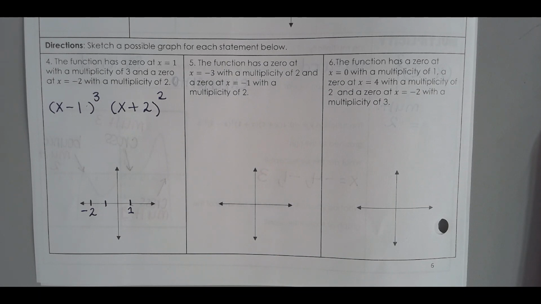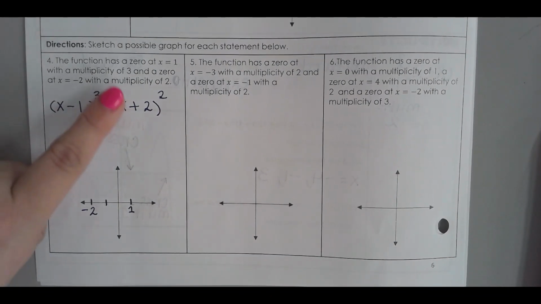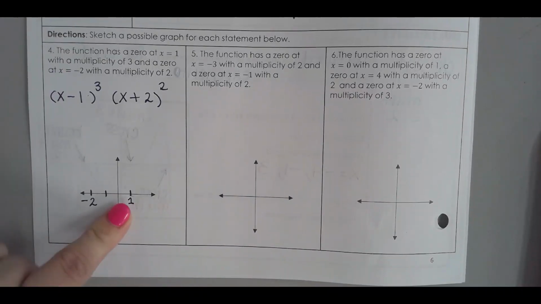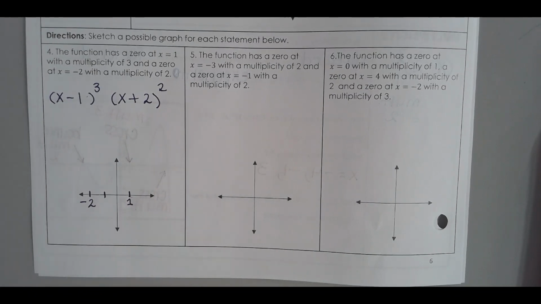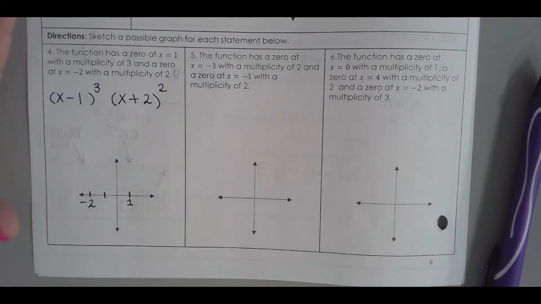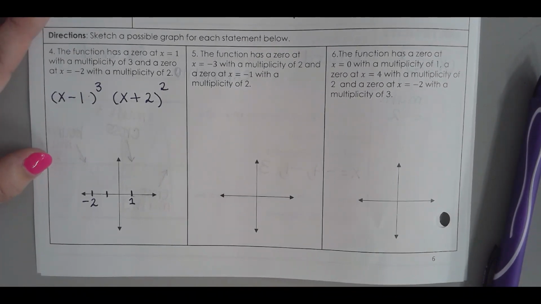So I know that my graph needs to bounce at negative 2 and it needs to cross at positive 1. Now, since my multiplicity here is 3, it's not going to be a real nice cross through. It's going to kind of go sideways probably. So sometimes with these, you start to sketch it out and then you realize maybe, no, that doesn't look right. You might have to erase and try again.